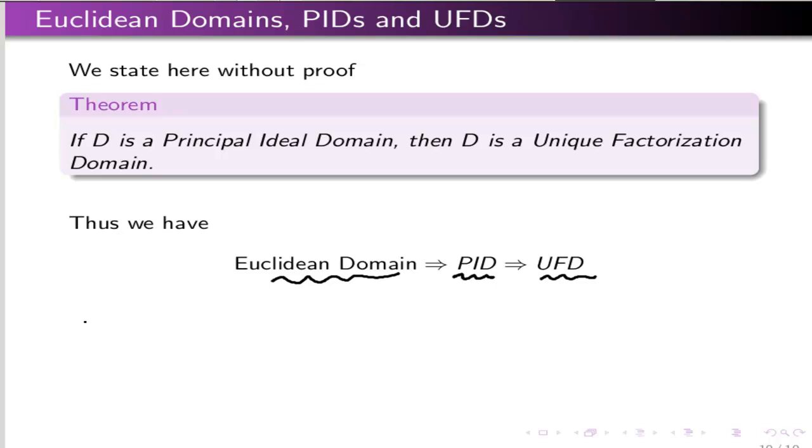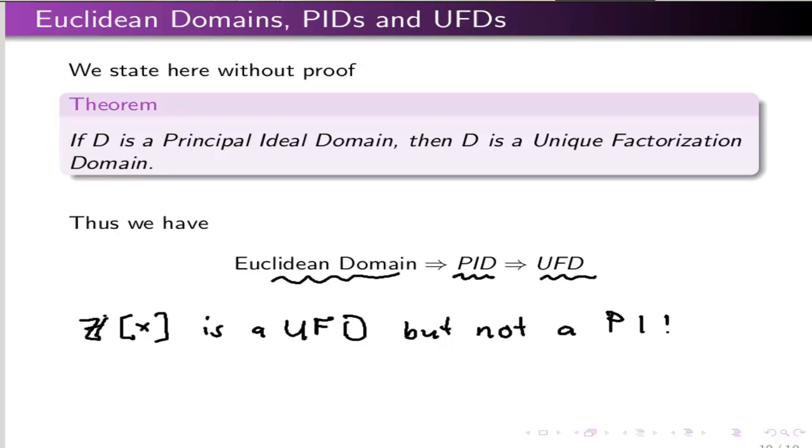For instance, Z[X] is a unique factorization domain, but not a principal ideal domain. Again, I'll let you ponder that and think about the details as an exercise.